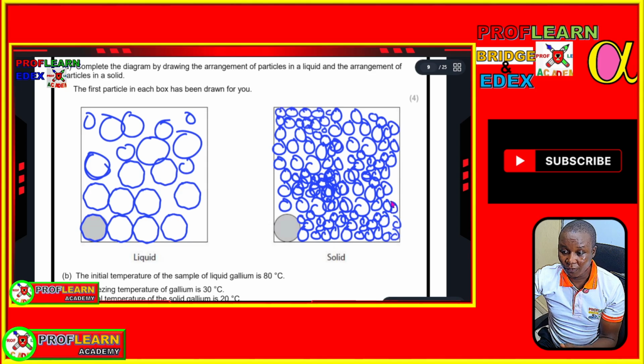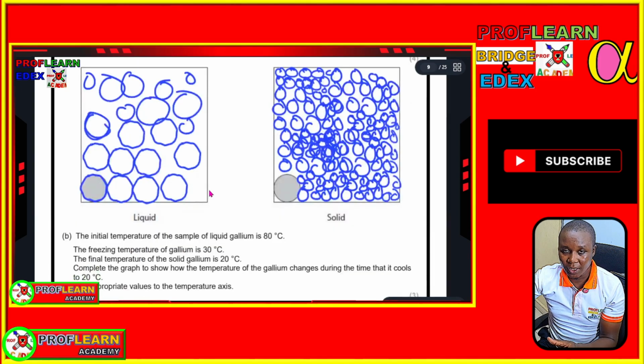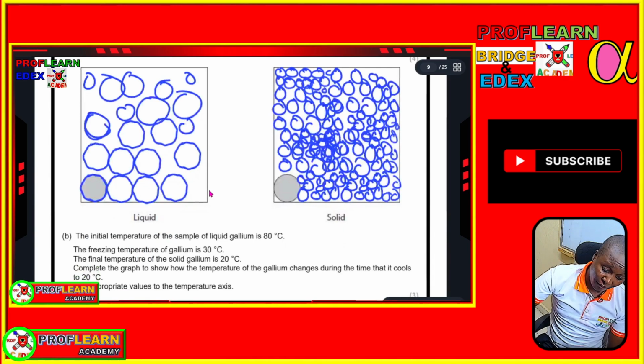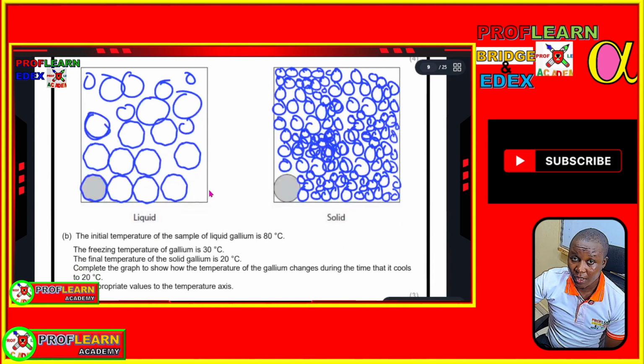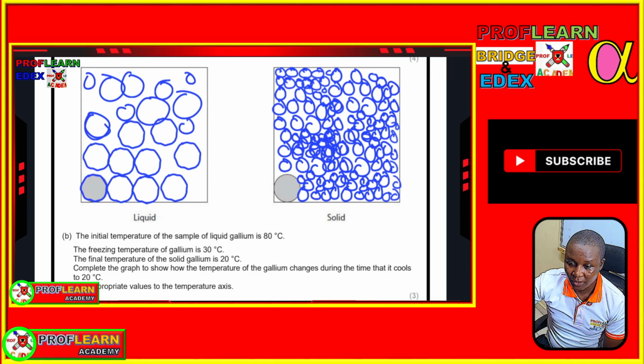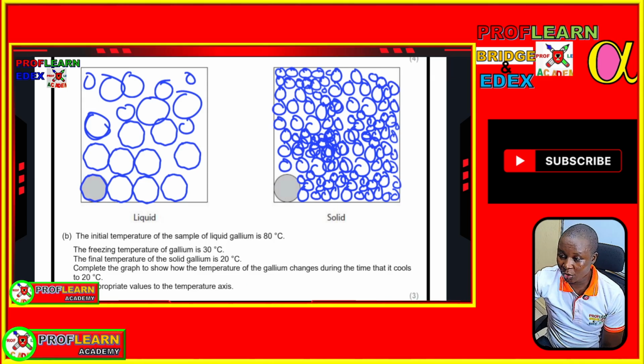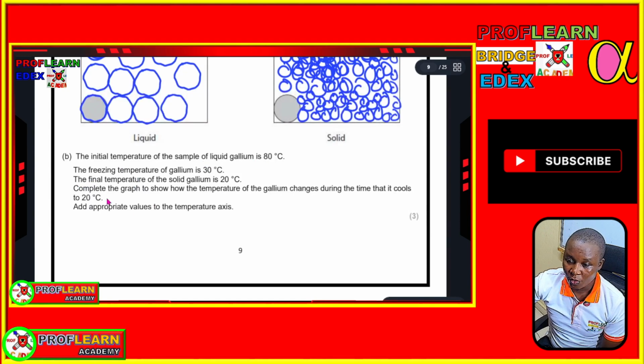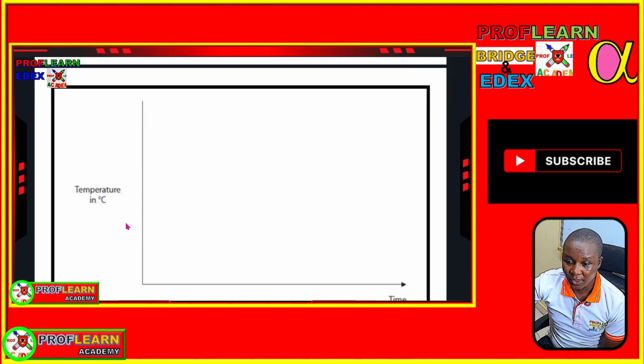For solids, they are closely packed, and that is why solids usually have a high density, because the particles are closely packed. There are many, and they vibrate in fixed positions. So basically if a question comes from that area, I believe you'll be in a position to answer it and write the arrangement.